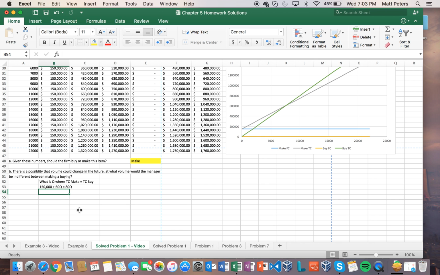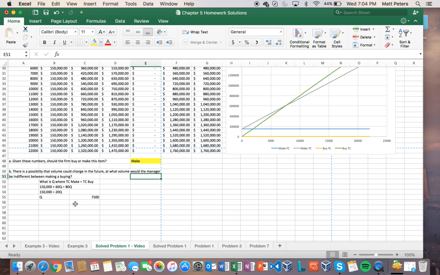So to do this, first I'm going to subtract 60Q from both sides. 150,000 equals 20Q. I then know that Q equals 150,000 divided by 20, which is 7,500.